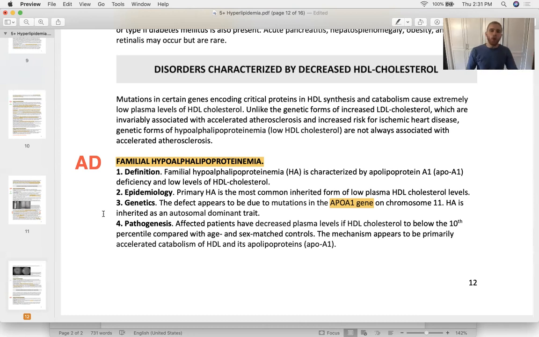And HDL will float around the bloodstream, and it'll just pick up lipids from macrophages and from other cells that it bounces off of as it travels throughout the lumen of the blood. And it'll pick up lipids from these cells, and then finally it'll get to the liver. And the liver has an HDL receptor which will scoop up the HDL and draw it into the tissue.